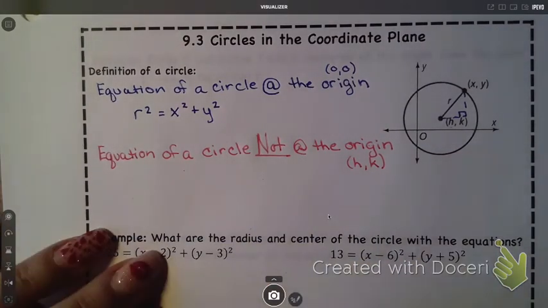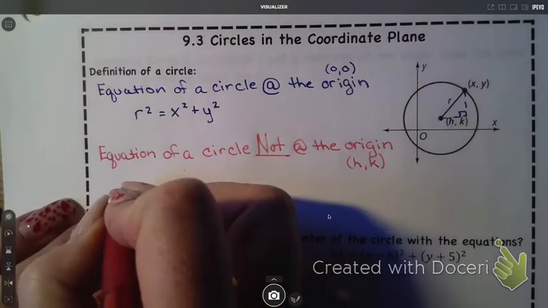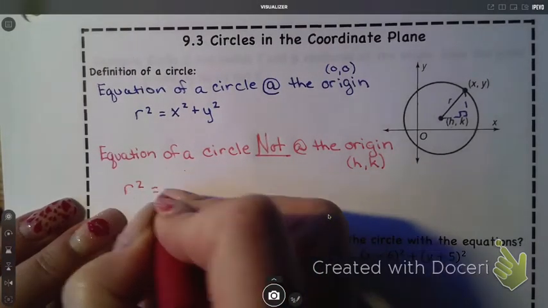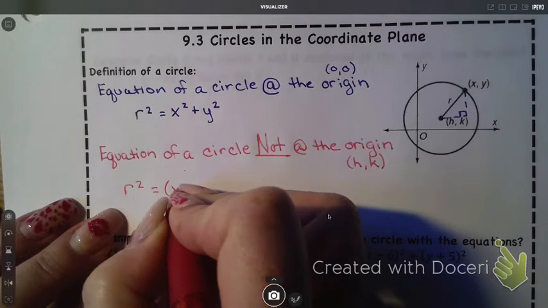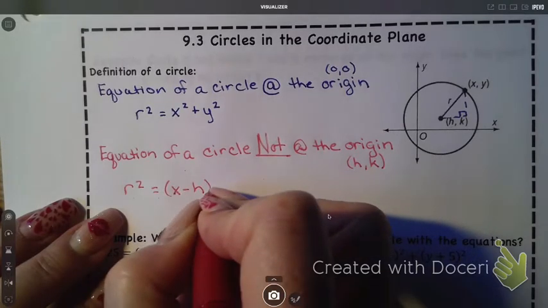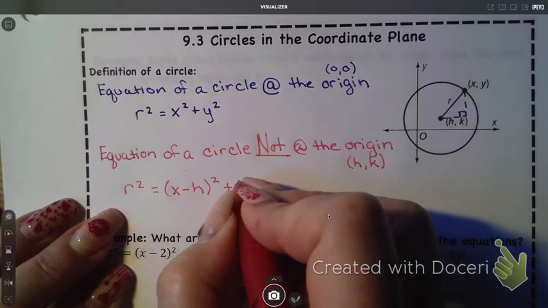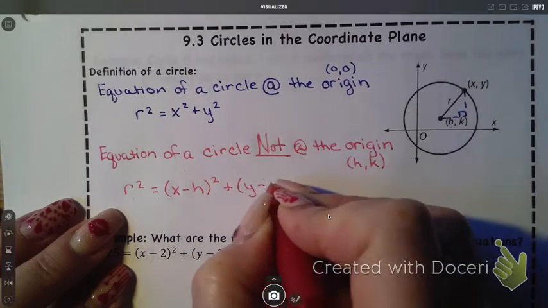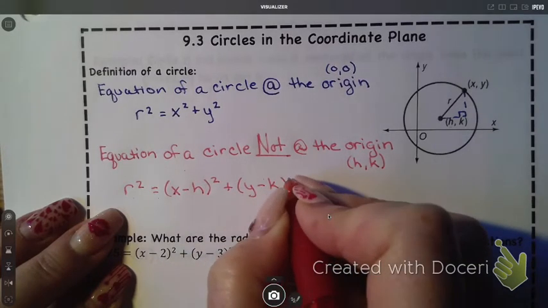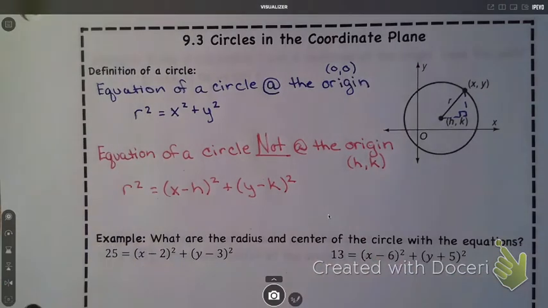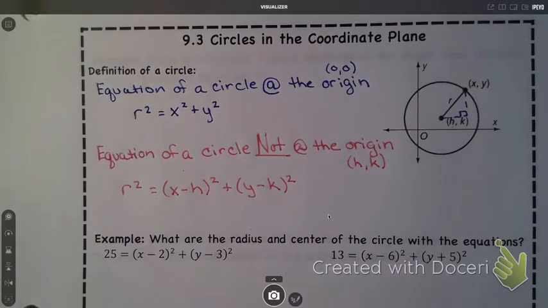So that equation is r squared equals x minus h squared plus y minus k squared. Is that the distance formula? All I need to do is take the square root of both sides, wouldn't I?